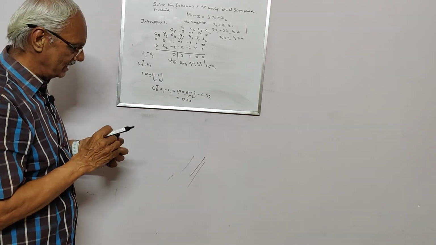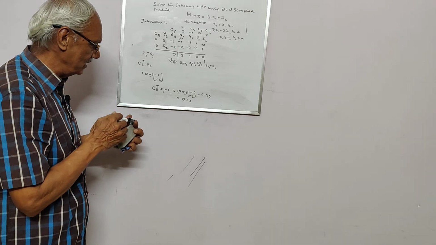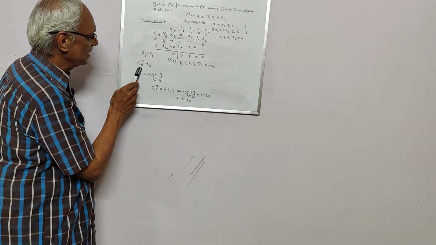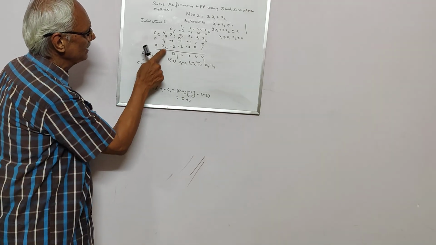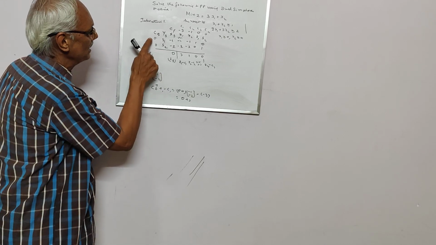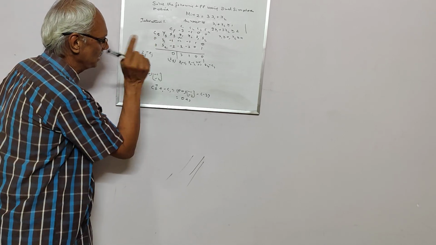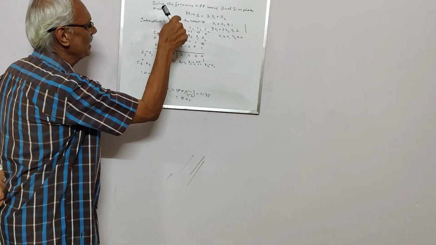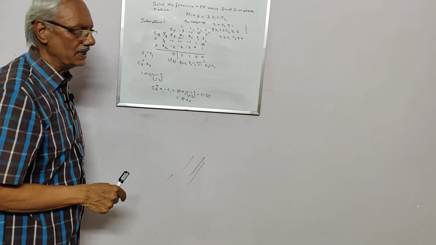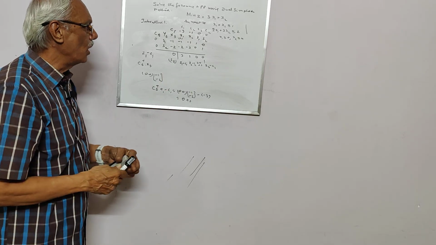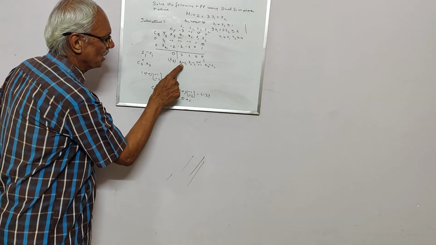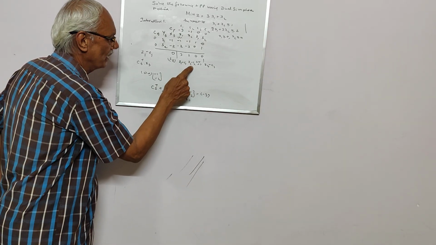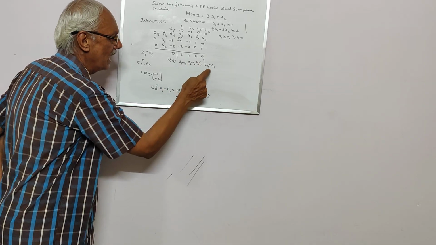You are trying to get the ZB value. ZB value is got by taking CB transpose into XB. 0 into this is 0, 0 into this is 0. Then 0 into 1 and 0 into 1. Then take away that minus 3, you will get plus 3.